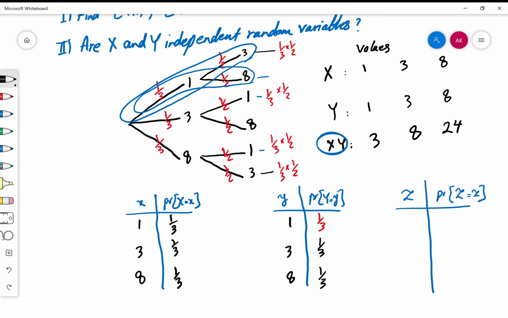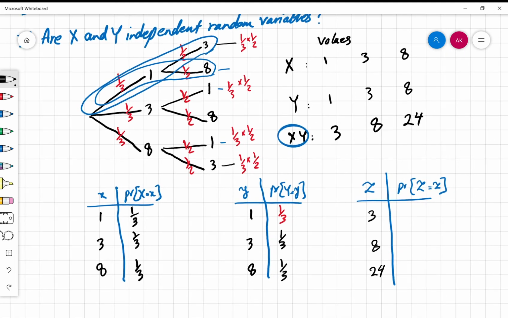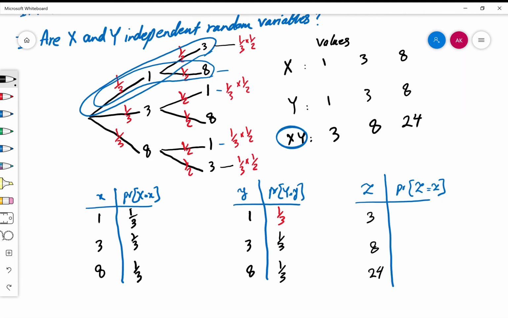How about Z? We already know that XY can get 3, 8, or 24. How about the probability of getting 3?